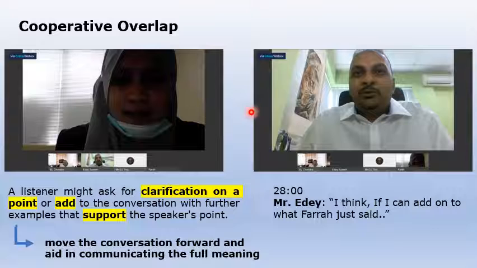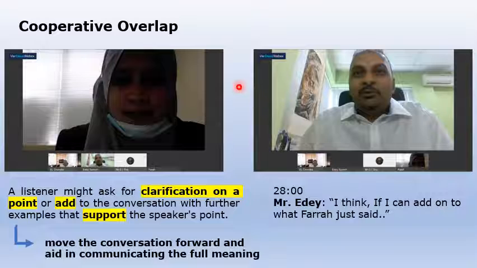And also I noticed that during this turn talk there was a little moment of overlap when these speakers spoke at the same time during the conversation. So Mr. Addy interrupted Miss Farah while she was talking. This is not considered a rude interruption, but it's more like an example of cooperative overlap.